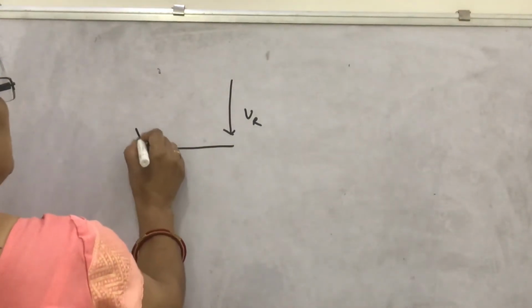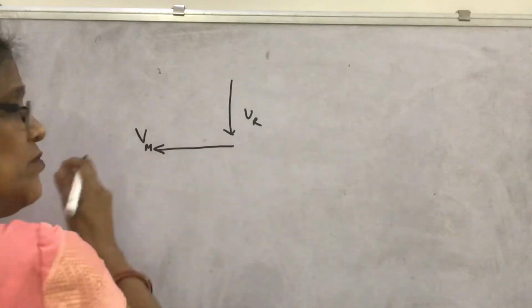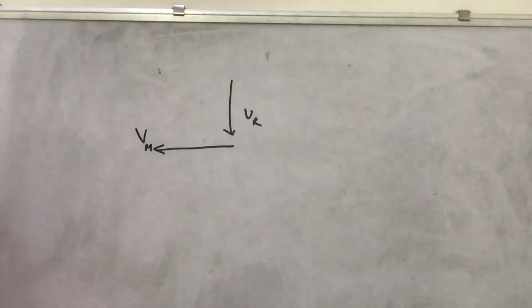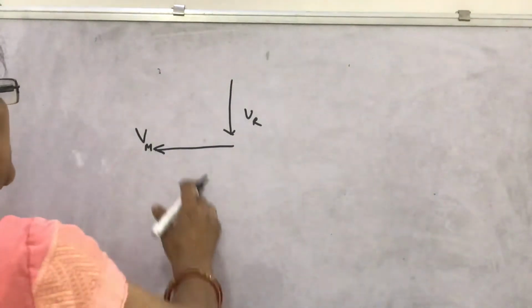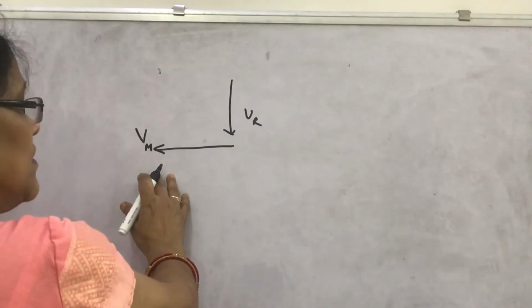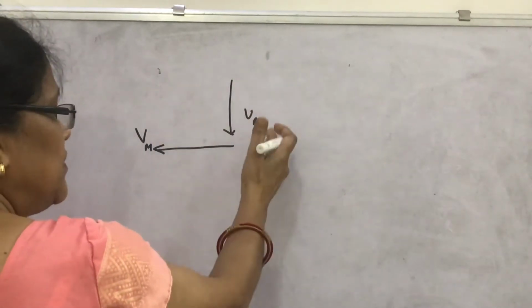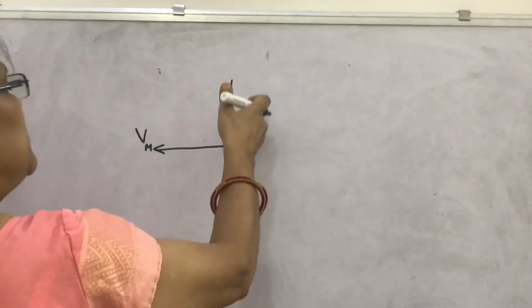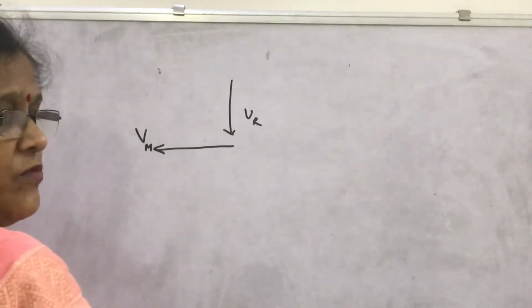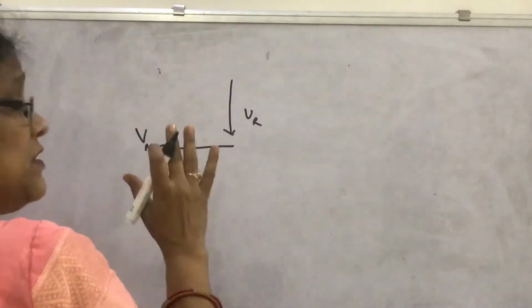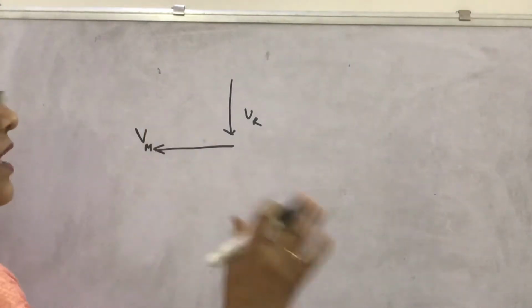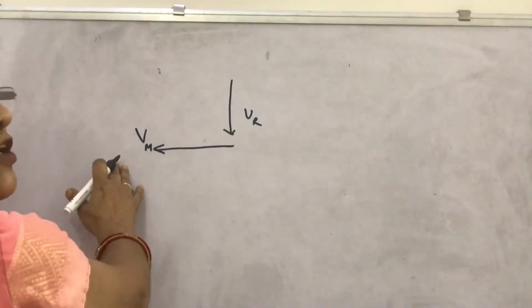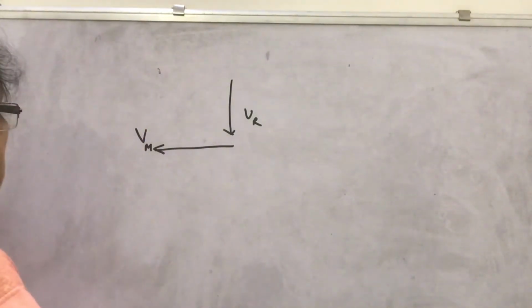This is the man moving from east to west. What will the man observe? What is the velocity of rain with respect to ground? It is vertically downward. Now in which direction does he have to hold the umbrella if the man is moving himself from east to west?